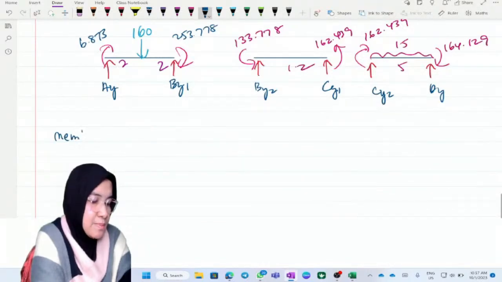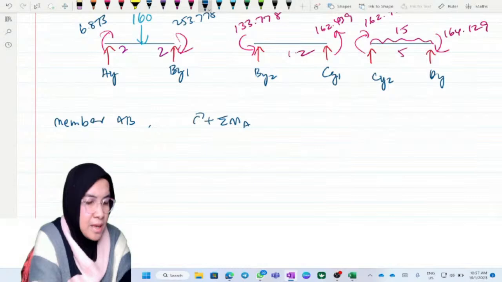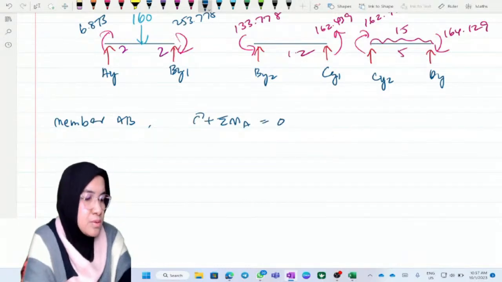So for member AB, we apply moment at A equal to 0.